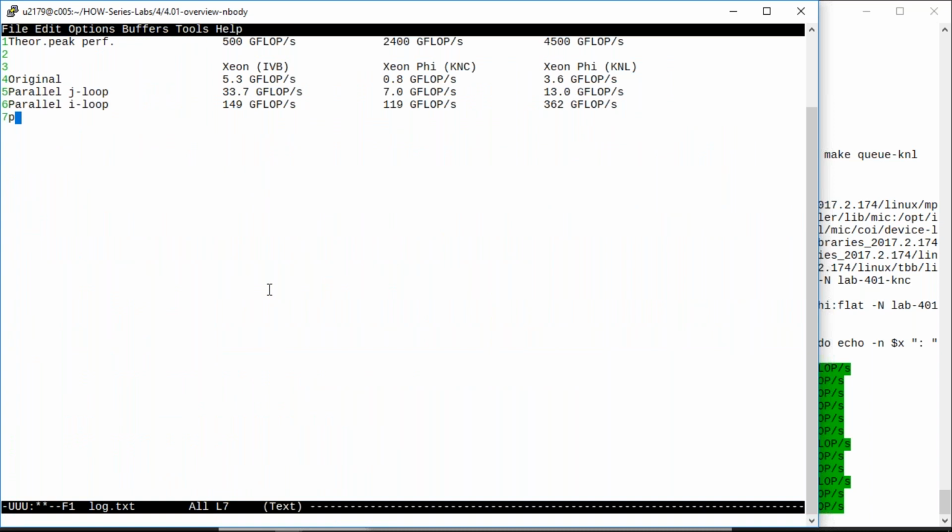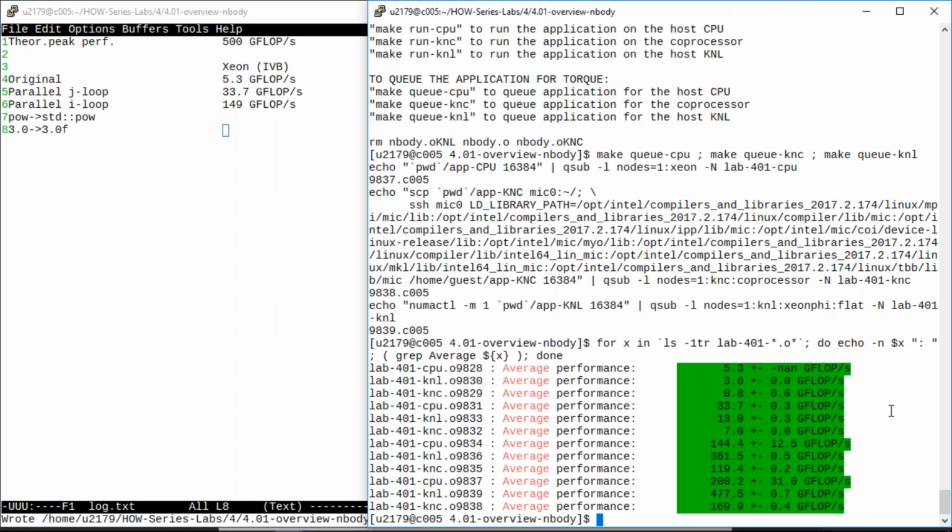So power we replaced with std power, and we also replaced literal constants with the appropriate suffix so that we get overload working correctly.